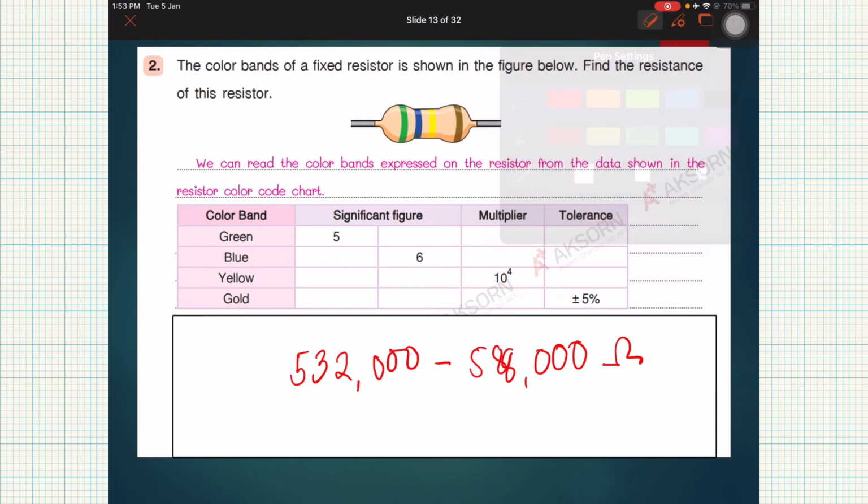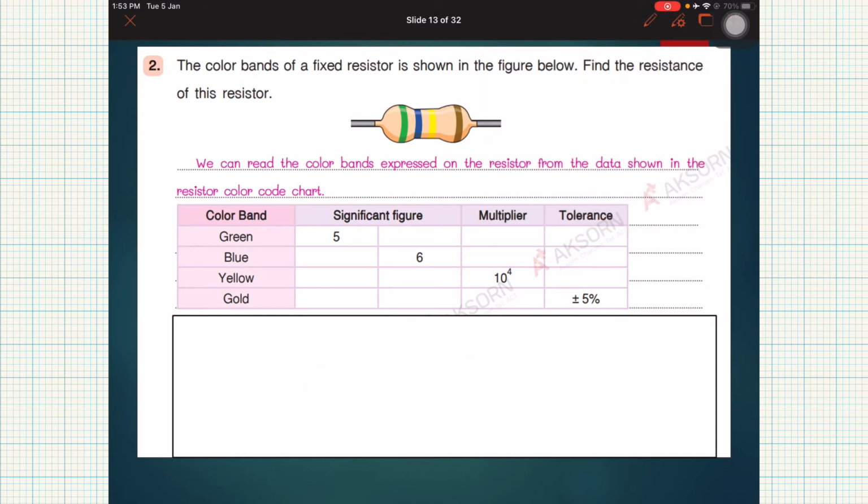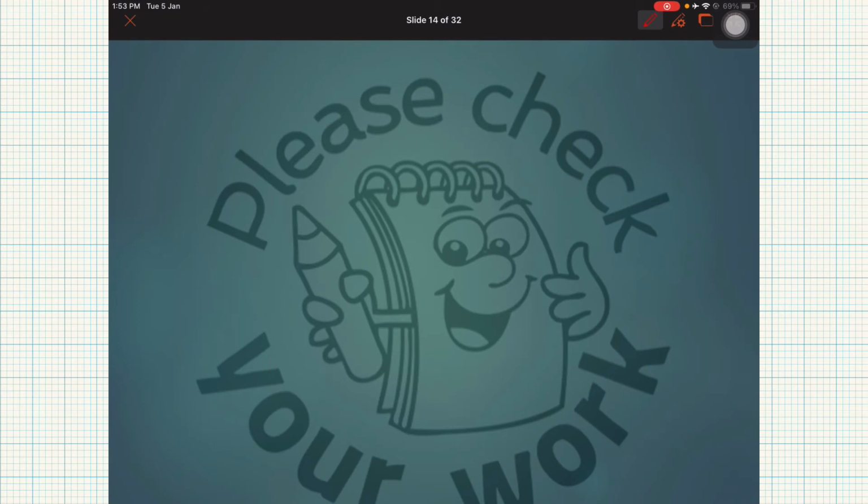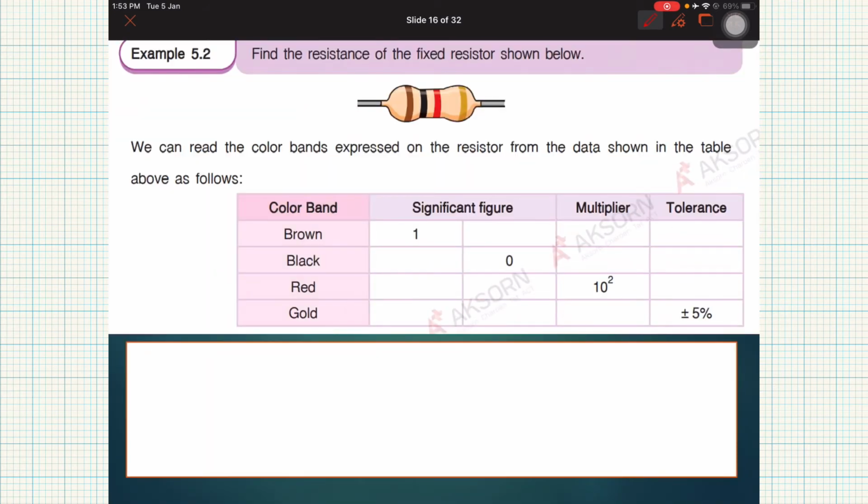So I repeat, it's 532,000 to 588,000 ohms. Who got it right? Very good. That's how we compute the tolerance and the resistance of the resistors together with their significant figures. Did you understand? Do you have any questions?